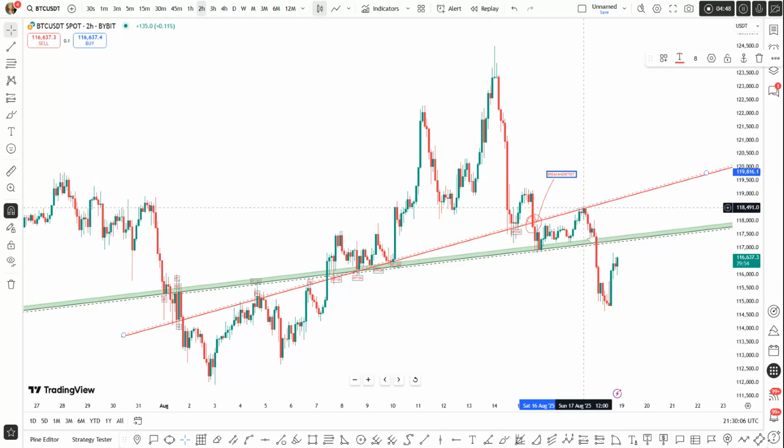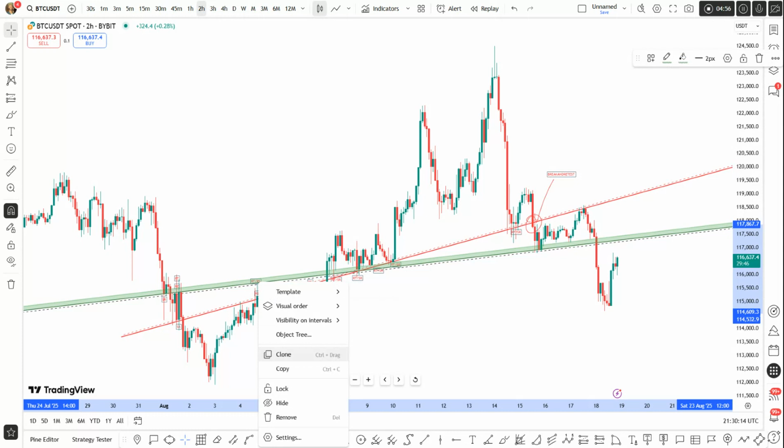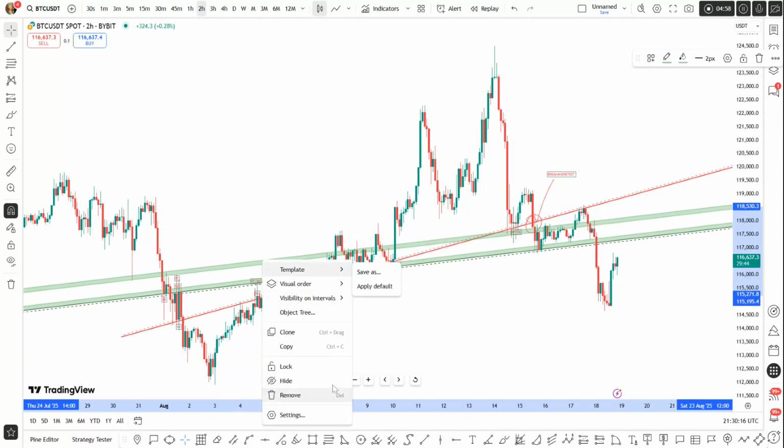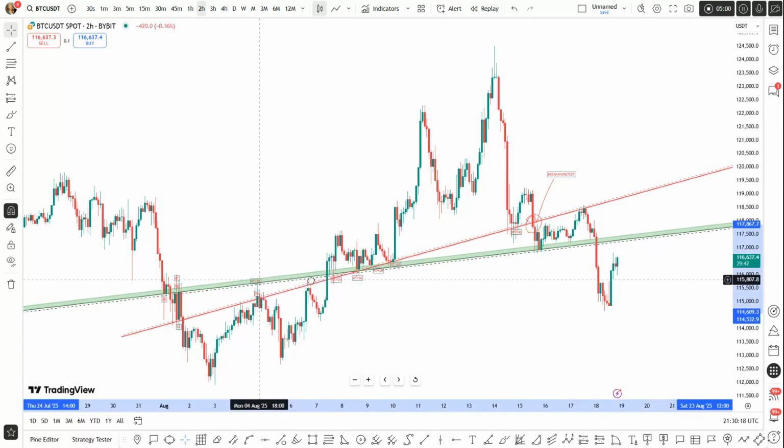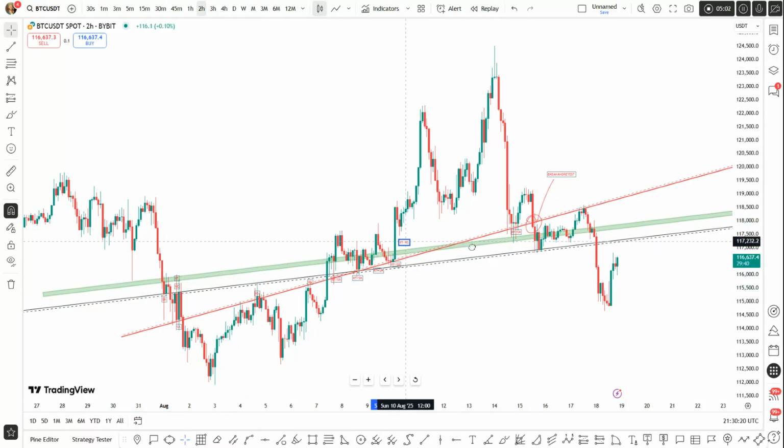And you see price came back today ultimately and dropped. And the market turned it to RT, ROS.